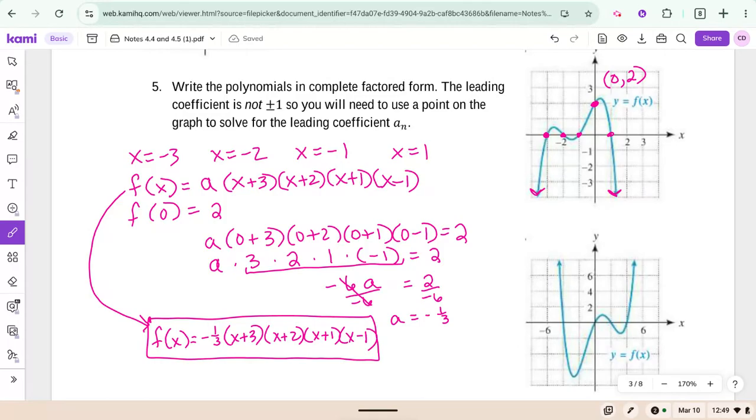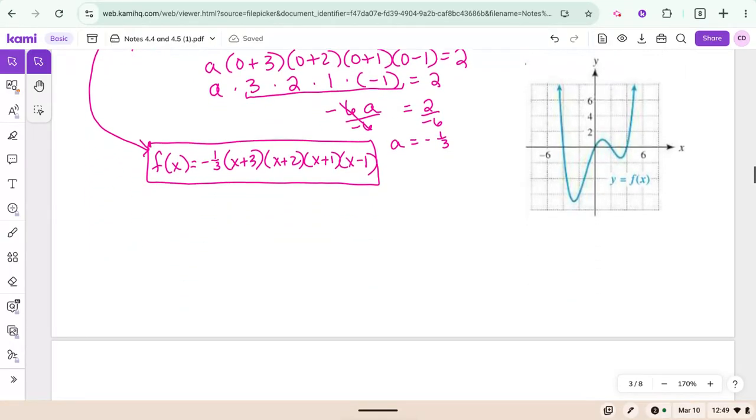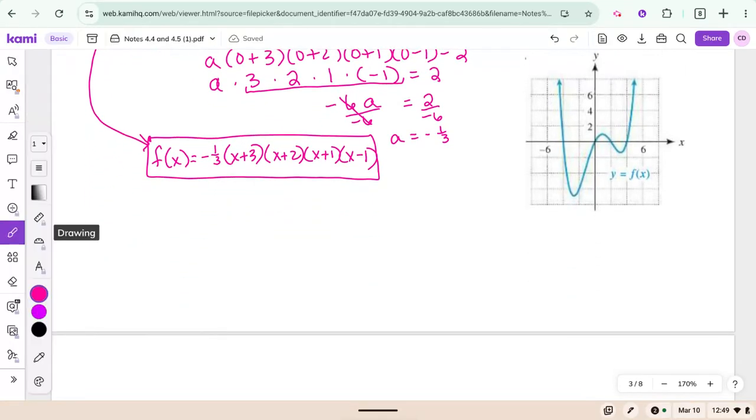Now, I didn't leave a lot of room for the next problem, but the next problem is very similar. It also has 4 zeros, but this time I see that the ends are pointing up, so I'm expecting my a value to be positive this time. It crosses the x-axis here, here, here, and here, and it looks like we are scaling by 2's.